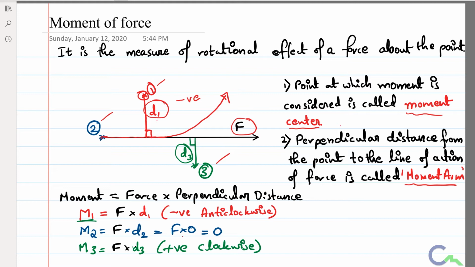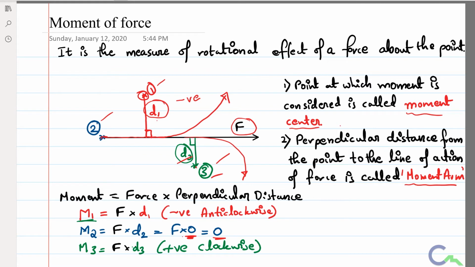If I come to point 2, the force is acting through the point. There is no perpendicular distance. Therefore, the moment about point 2 because of this force is 0. If I consider point 3, this force F into the perpendicular distance d3 is going to rotate this point in the clockwise direction.